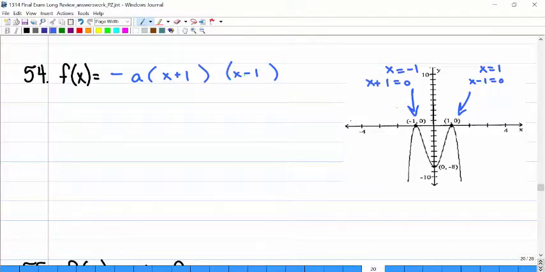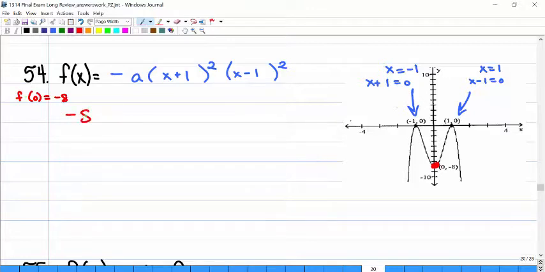Now, since the graph touches the x-axis and doesn't cross at both of those zeros, I know the multiplicities have to be even, so I'm going to put a squared. Okay, I also know the point (0, negative 8). So F of 0 equals negative 8.